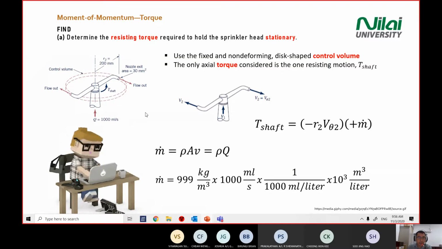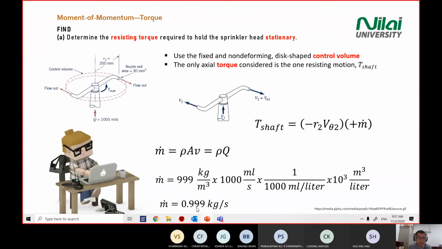So change from ml to liter, then change to meter cube. All right, you do the conversion, you will get 0.999 kilogram per second. Again, maximum 3 decimal place for this module. Minimum 2 decimal place.